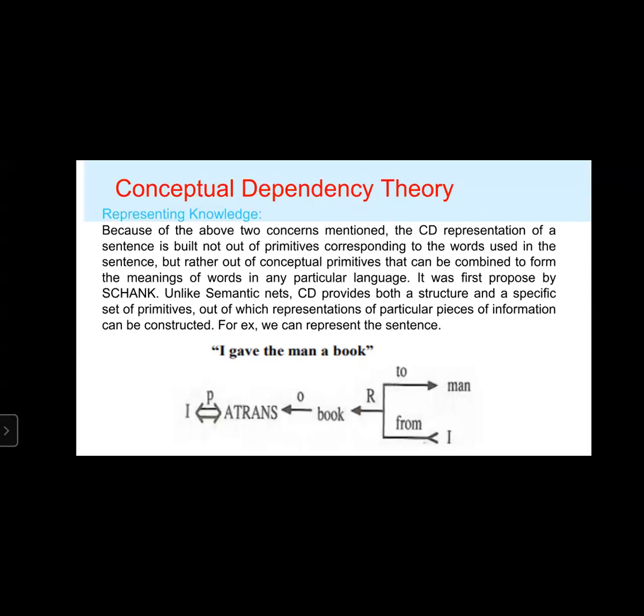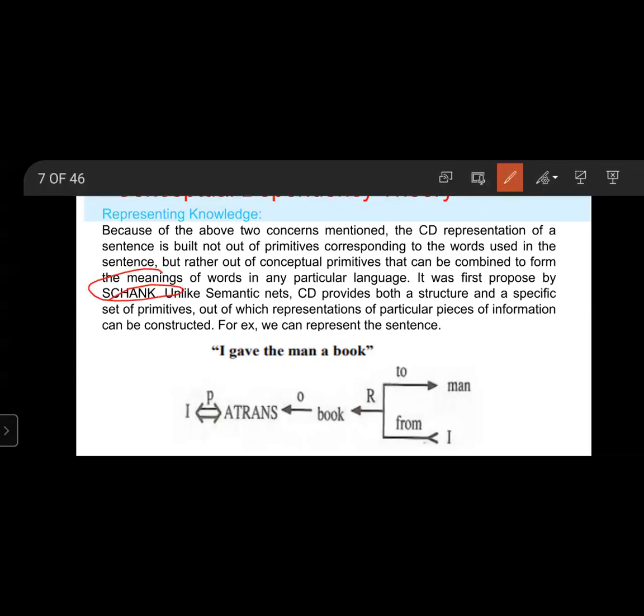It was first proposed by Schank. Unlike semantic nets, conceptual dependency provides both a structure and a specific set of primitives, out of which representations of particular pieces of information can be constructed.